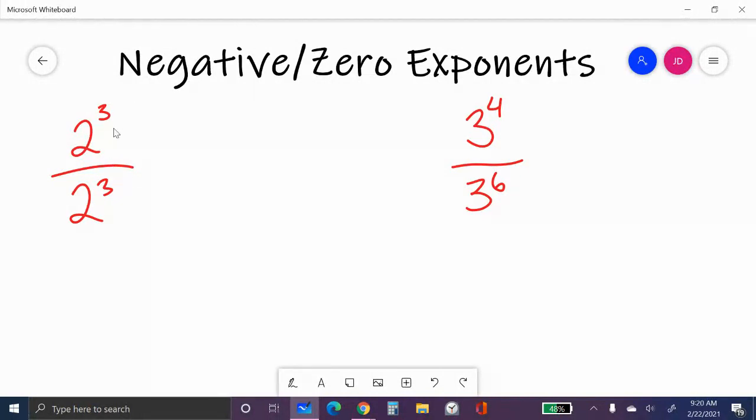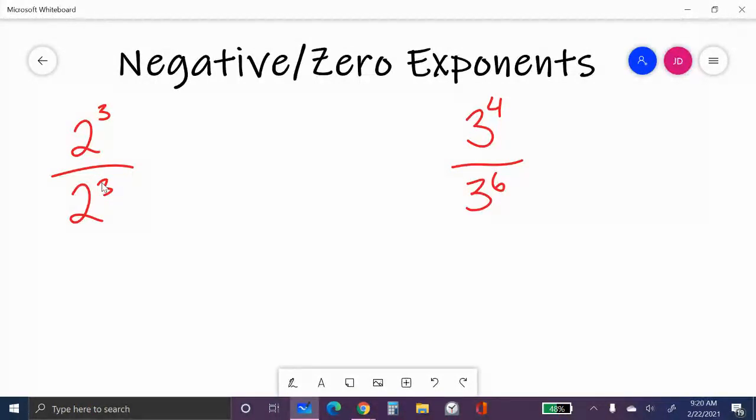All right, so we have two fractions here. Let's look at the one on the left, 2 to the third divided by 2 to the third. We know from our laws of exponents, the shortcut to simplify this fraction is, when you divide exponents, you keep the base and subtract the exponents.